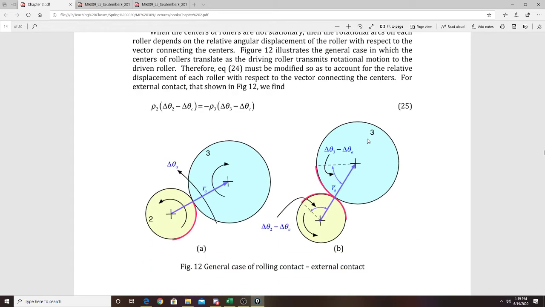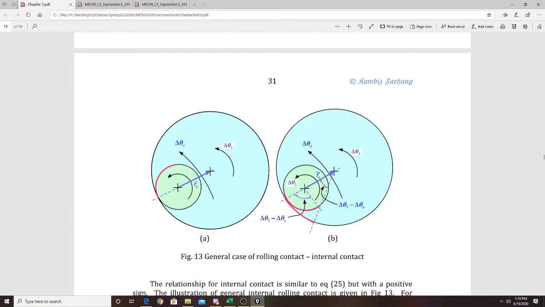Now let's move into internal contact. Internal contact looks like this. So you see the difference? This circle is rotating with respect to this one as well. Internal contact is literally internal: one roller is inside of another one. External is the opposite, where both rollers are not inside of each other. They are rolling on top of each other, but one is not inside the other.